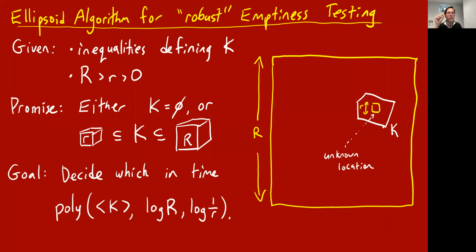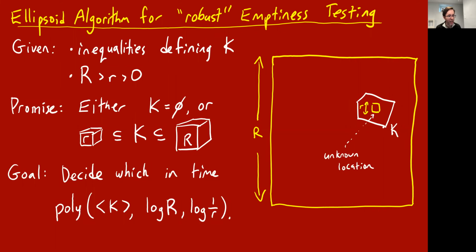It's the number of binary digits you need to write it down. If K is a fraction, then it's the number of bits needed to write the numerator plus the number of bits needed to write the denominator. If K is a vector, then it's the sum of the encoding lengths for all the numbers in the vector. And in this case, K is basically a matrix together with a vector, so it's the number of bits needed to write down all the numbers in K.